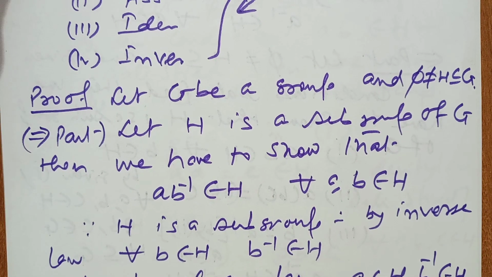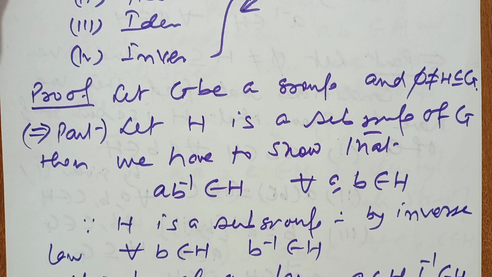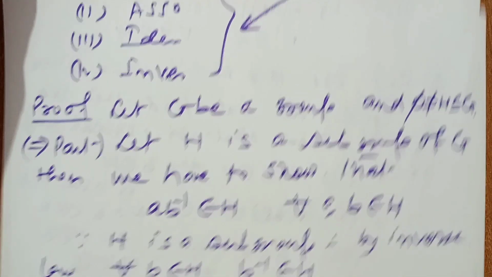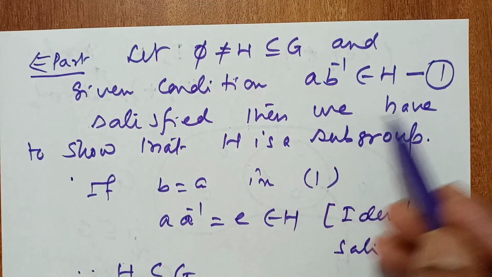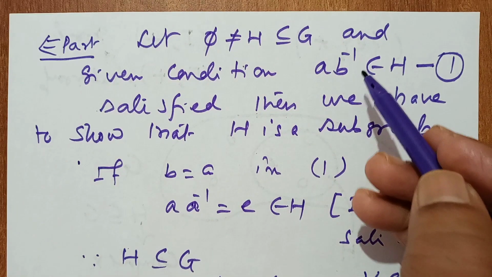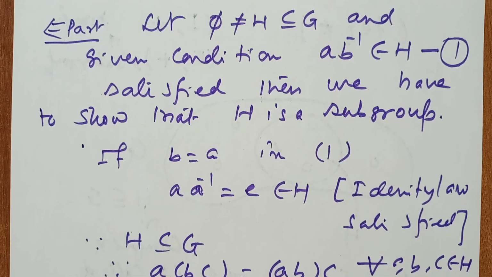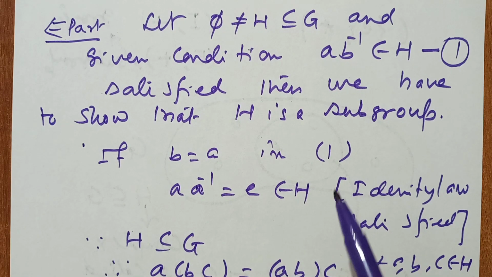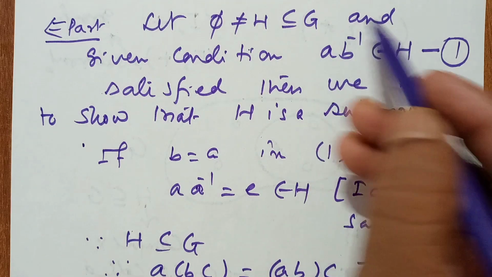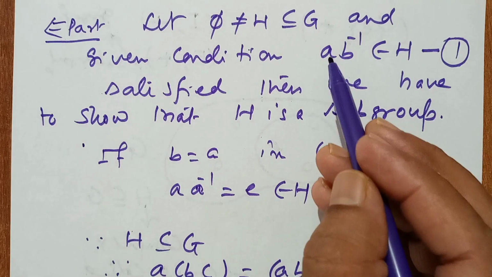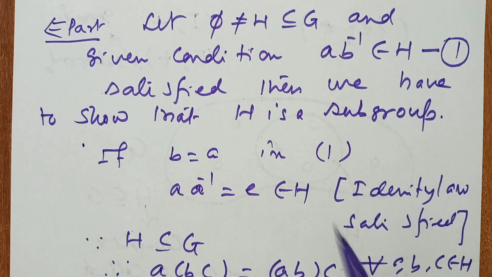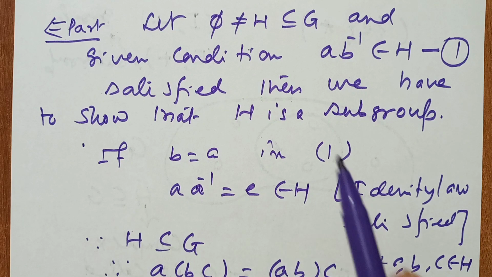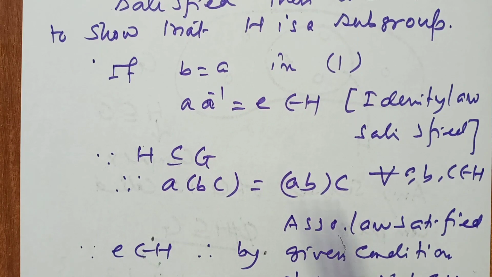Okay, now the second part. What is the second part? If H is a non-empty set and H satisfies the given condition, then we have to show H has four conditions. So in your mind we have this condition given. You put A equal to B, so A A inverse gives the identity. So we get the identity law. Since H is a subset of G, the associative law is always satisfied, no need for anything.